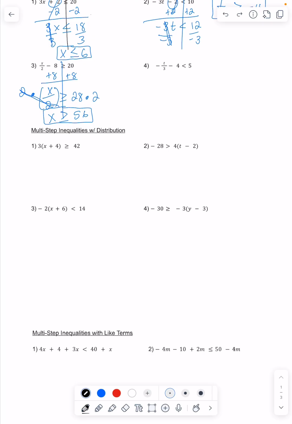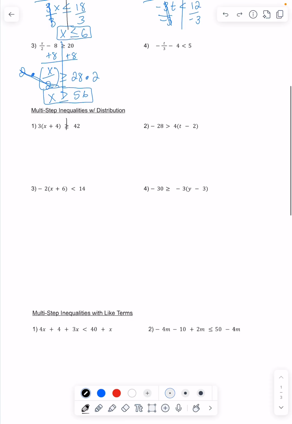In this case, similar to linear equations, again we put our line to distinguish our two sides of the inequality. We have something over here that we have to distribute. The 3 is outside of the parentheses, so we have to distribute it inside. 3 times x is 3x. 3 times positive 4 is positive 12, is greater than or equal to 42. We have a two-step again, just like on top.